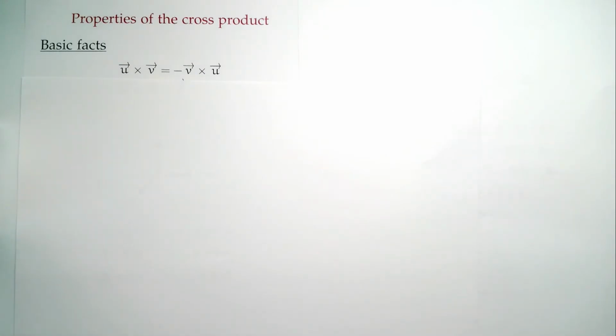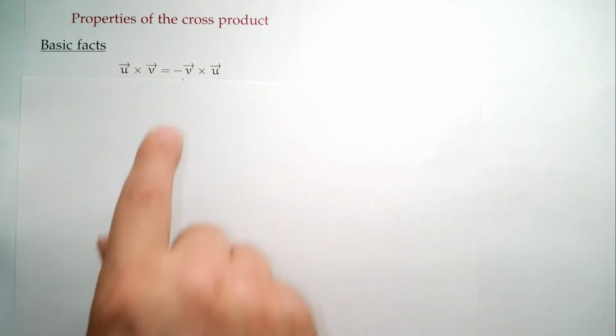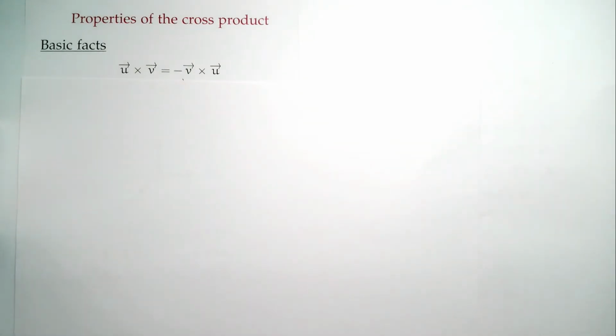Now what does that mean? Well, it means if you change the order of multiplication, there's a negation. Now, that might seem a little bit strange, but just think about where negation is. When you see a negative here, it's about orientation. So when you see that negative sign coming in, it's like, oh, an orientation has flipped.